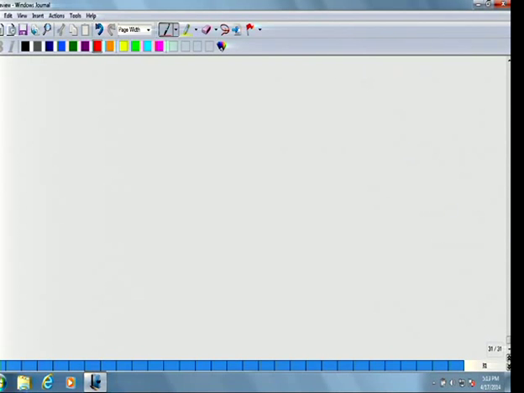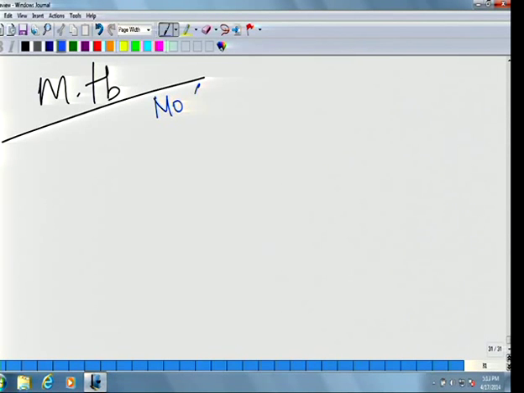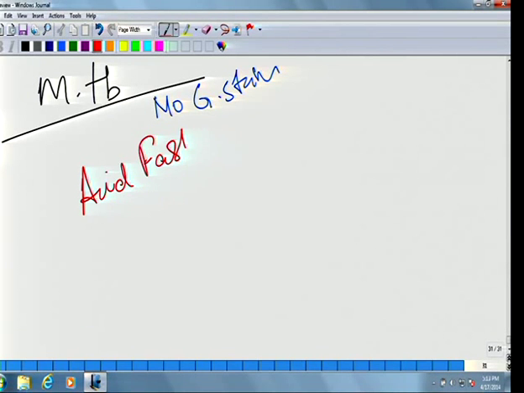Then we look at Mycobacterium tuberculosis, MTB. What are the most distinctive characteristics? Does it show up on a gram stain? No. Then what's the stain that is used? The acid-fast stain. Why?